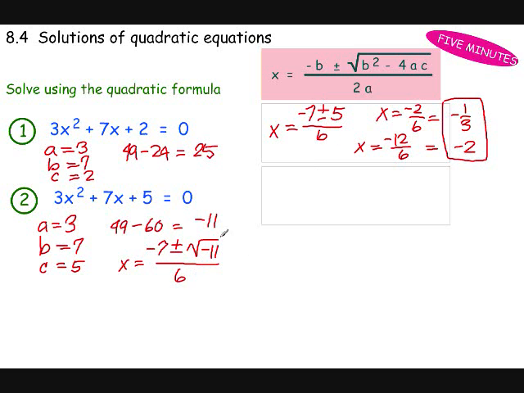So the only real change we saw here was in the discriminant. And one thing is for sure, we don't have any real number solutions here, do we? But we do have a different kind of solution.